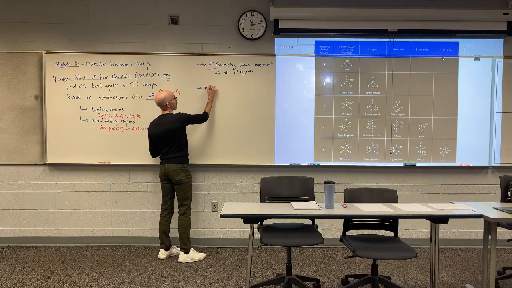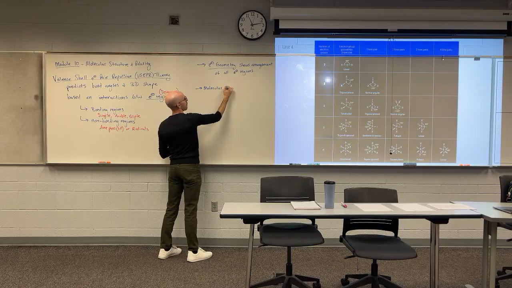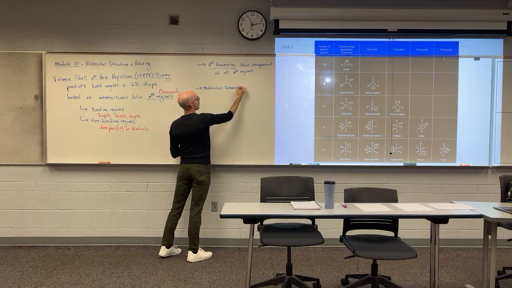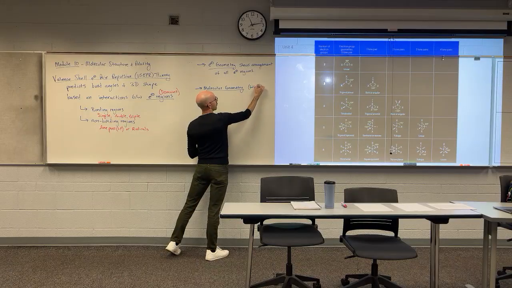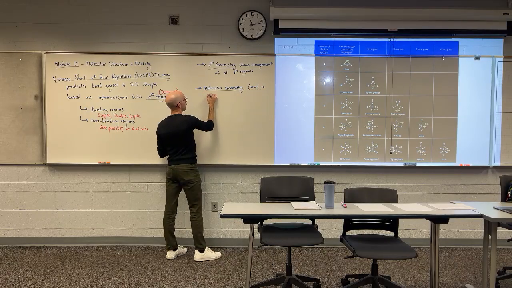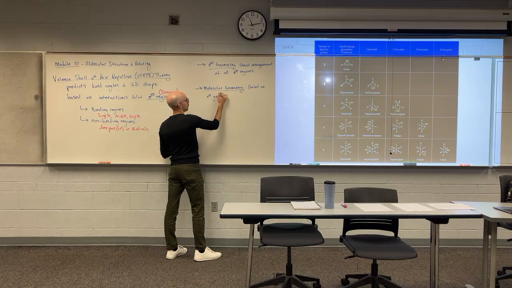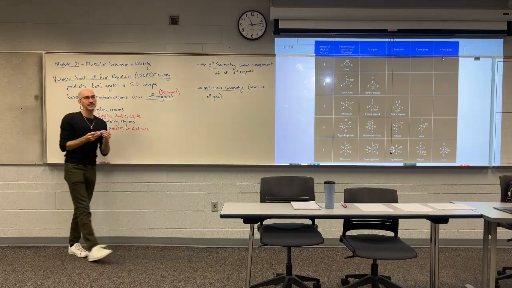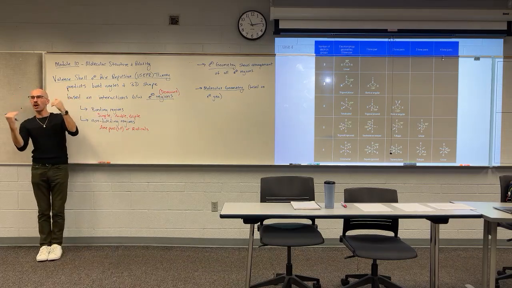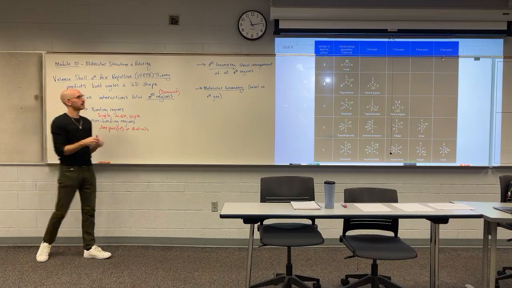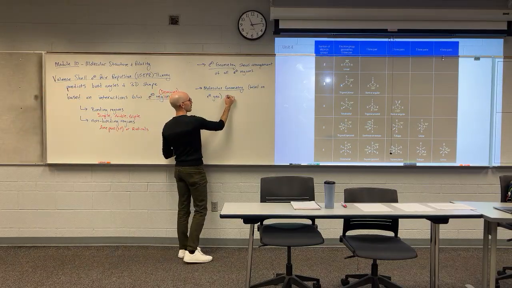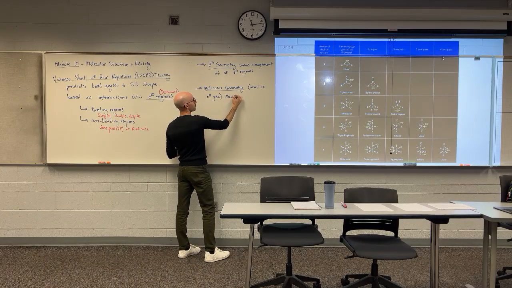And then we have molecular geometry. This is always some subset of the electron geometry. The molecular geometry shows the arrangement of the atoms.